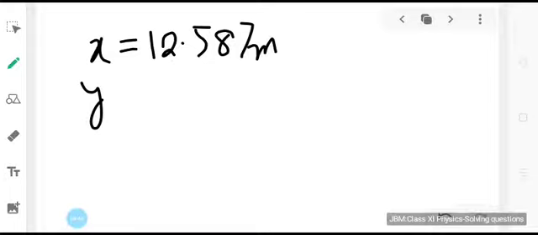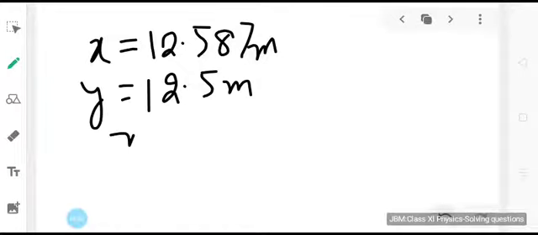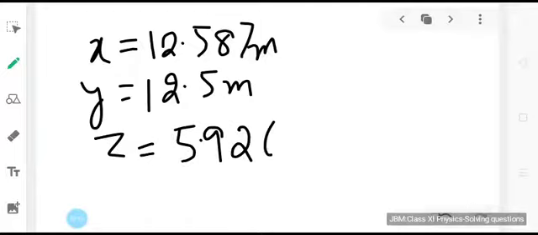If x is equal to 12.587 meter, y is equal to 12.5 meter, and z is equal to 5.926 meter, then what should be the result? You add it up.